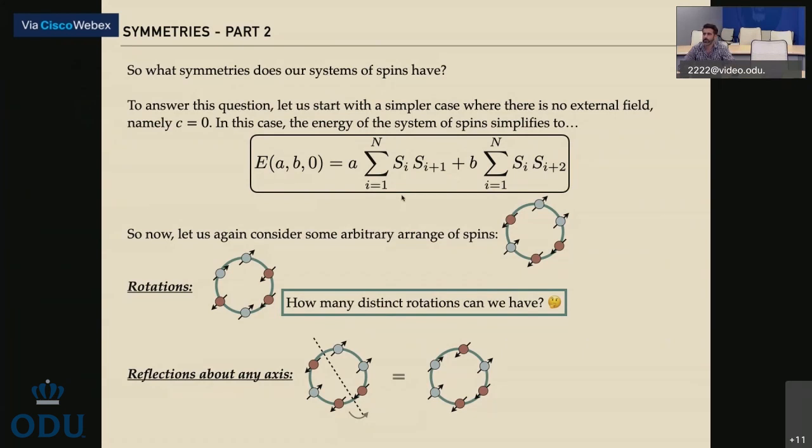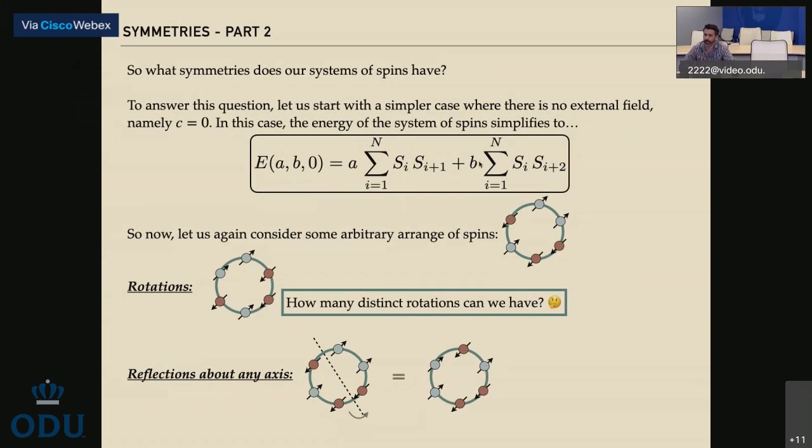So to simplify things first, let's turn off the external field. Let's assume that these particles are not submerged in some external field, which amounts to stating that the third coefficient in that expression, C, equals 0. In this case, the expression simplifies a little bit: if C equals 0, then I just have these two terms.